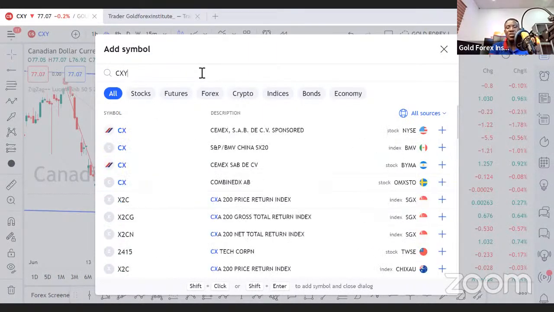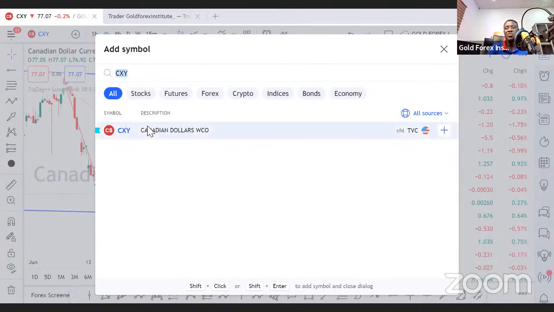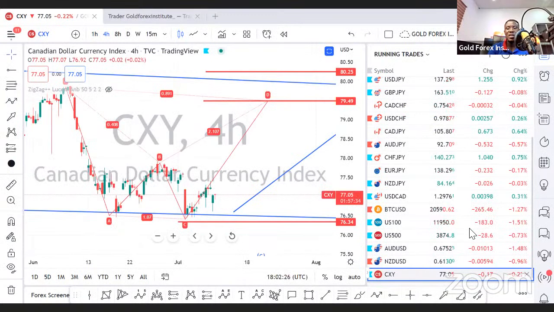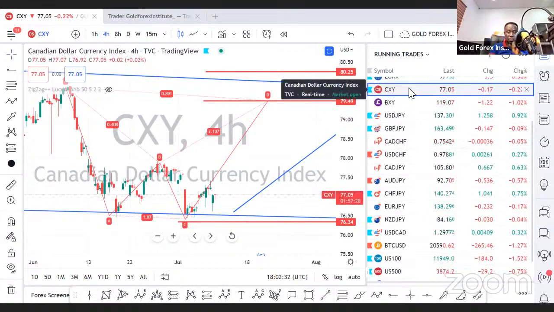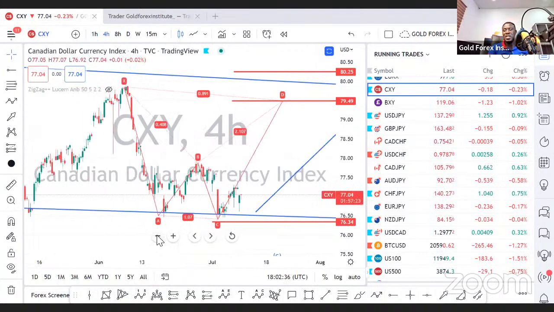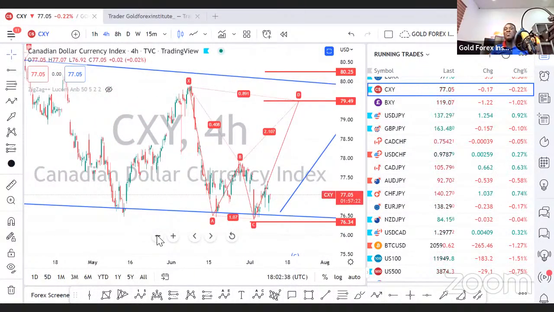Okay. So anytime you want to trade a currency, go and look at the index and see the performance of the index, how it's performing against other currencies. So this is my analysis for the CAD index. That means I'll be mostly bullish on the CAD index.